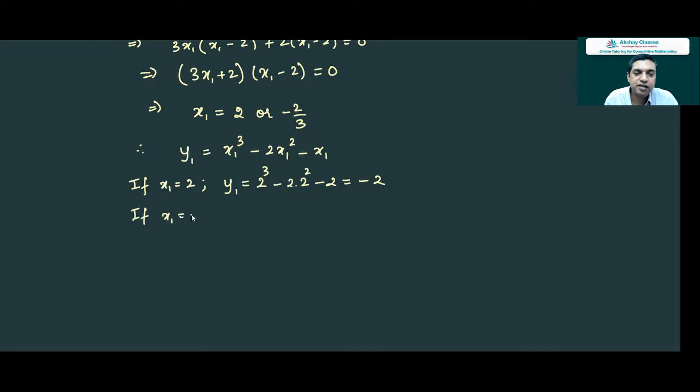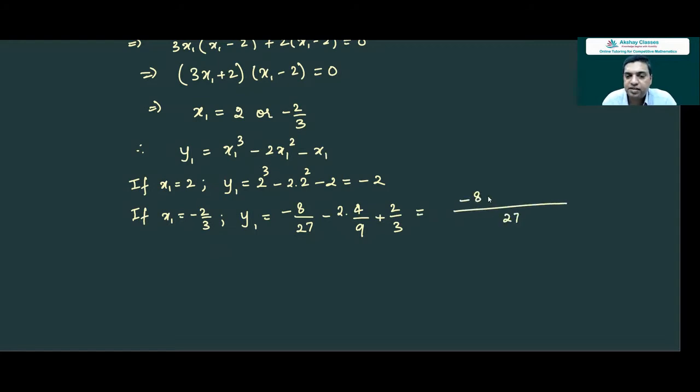If x1 is equal to -2/3, y1 is -8/27 minus 2 into 4/9 plus 2/3. We can simplify this.